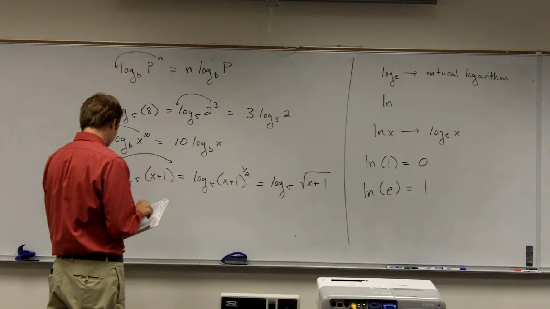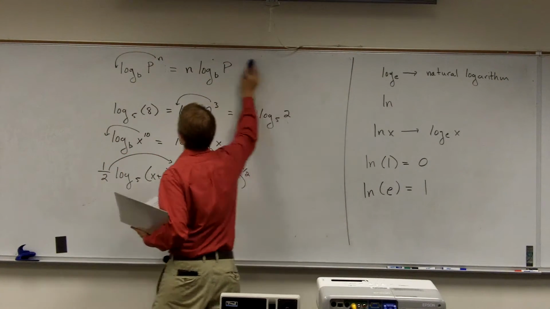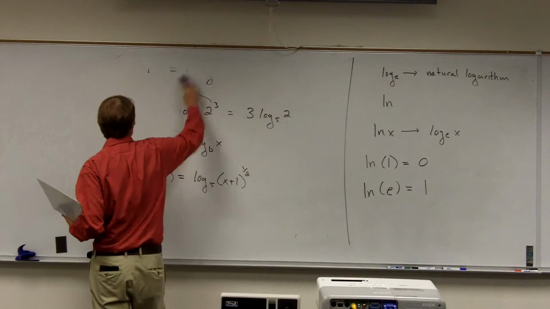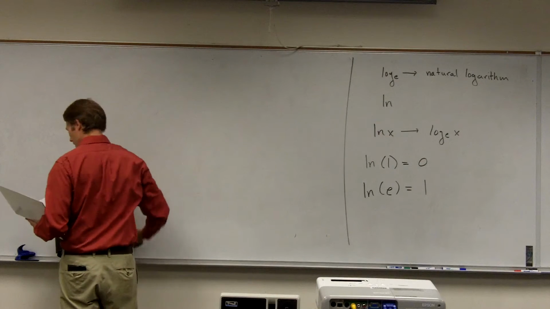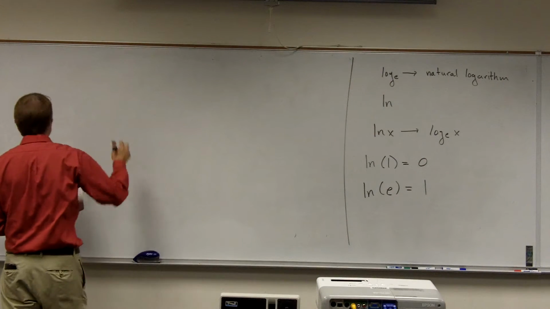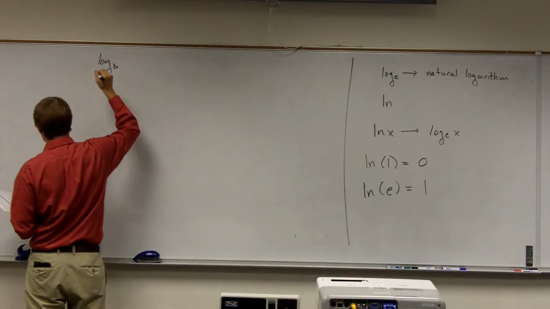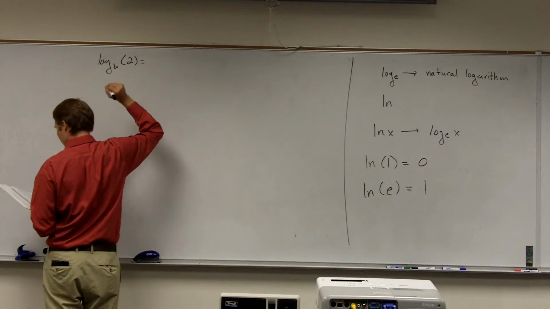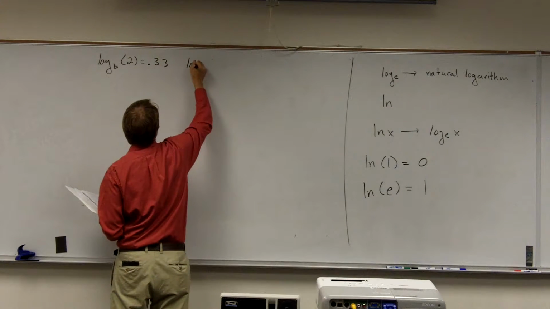Let's try a couple more examples using these log rules. So let's suppose that we know this. We know that log base b of 2 is equal to 0.33 of some base.